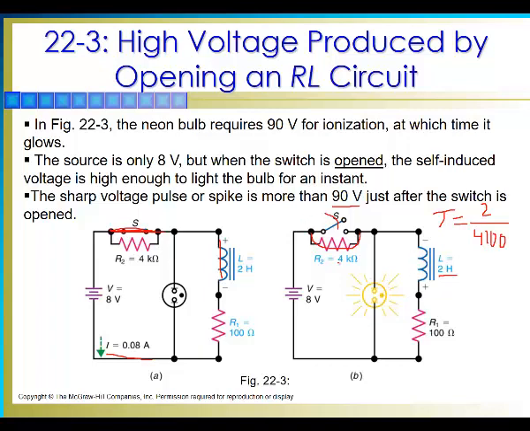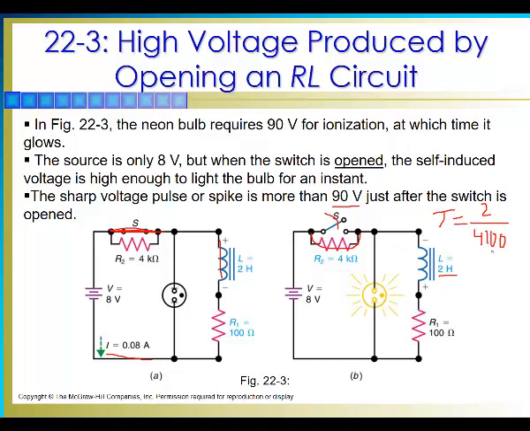It will be for an instant, like a flash, but it will come on because when we open a circuit that has an inductor, we have to expect that the voltage this thing is going to induce on the coil will be a very high voltage, because the open circuit basically has an infinite resistance. It's a very large resistance, and the resistance is in the bottom of the fraction.